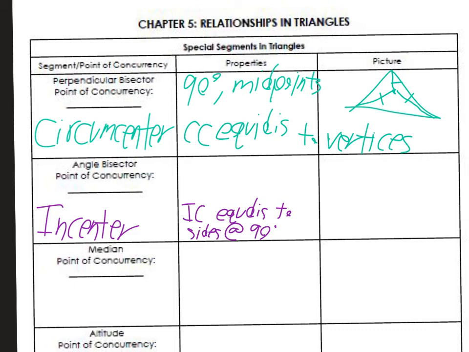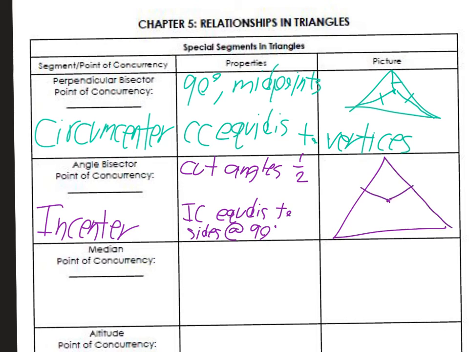Whereas angle bisectors will cut angles in half. So, hypothetical triangle, that's our incenter. Distance to all sides, make right angles, and they're all equal to each other.